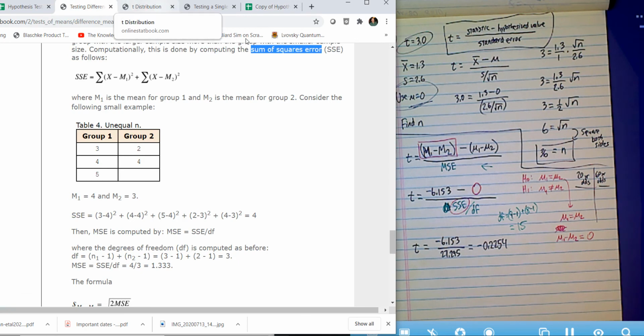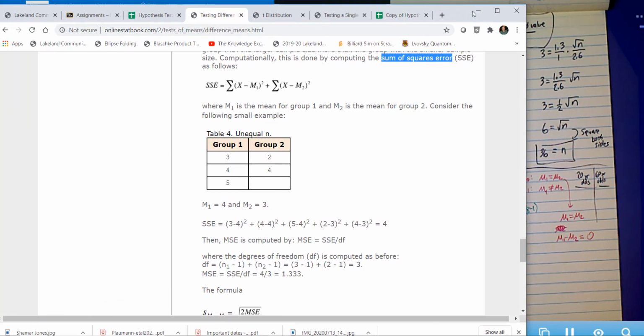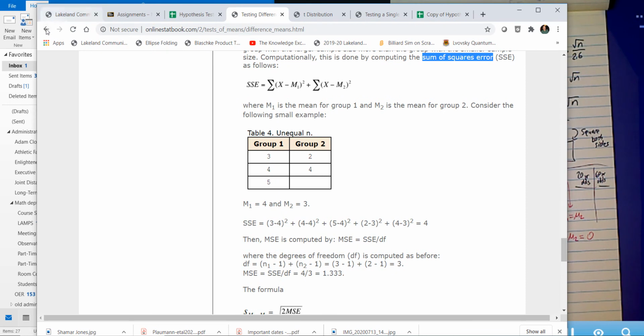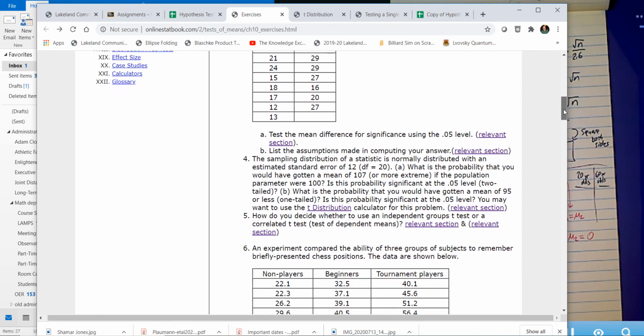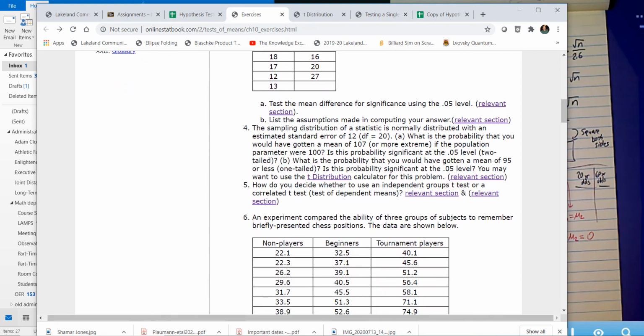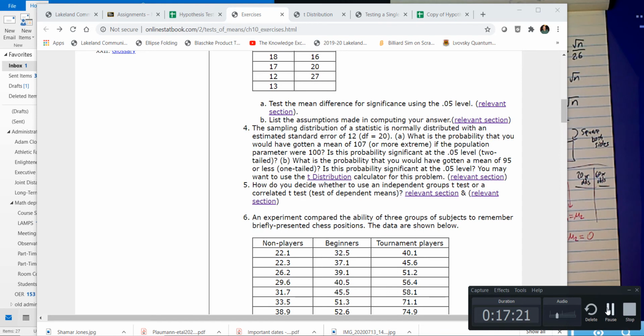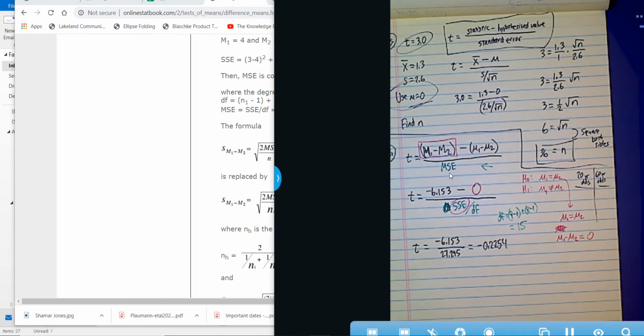So if we go back to the exercises, let's get that. Here we go. So let me be clear here. This is not MSE.